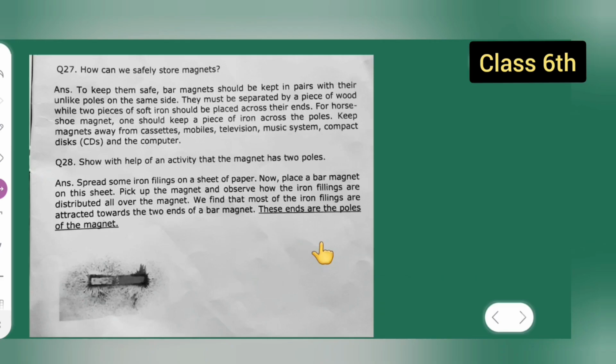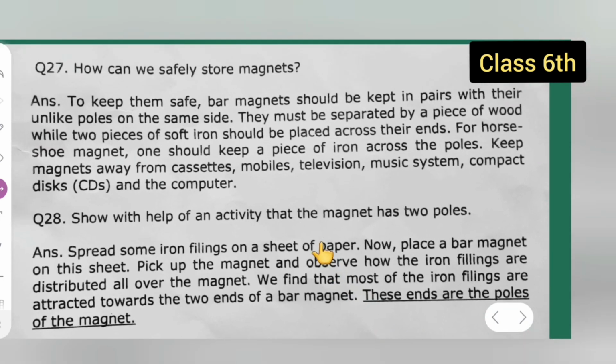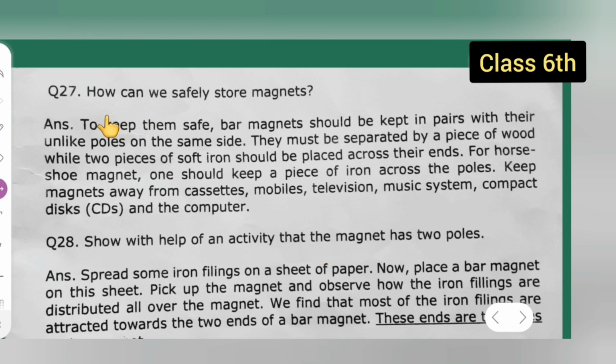Okay, next question is, this is the last page. How can we safely store magnets? To keep them safe, bar magnets should be kept in pairs with their unlike poles on the same side. They must be separated by a piece of wood, while two pieces of soft iron should be placed across their ends.